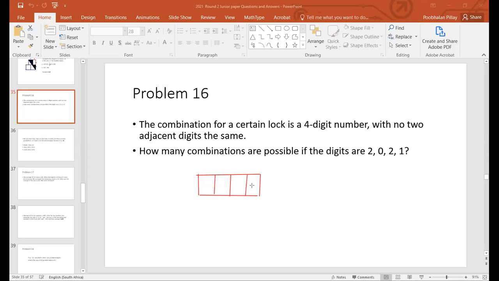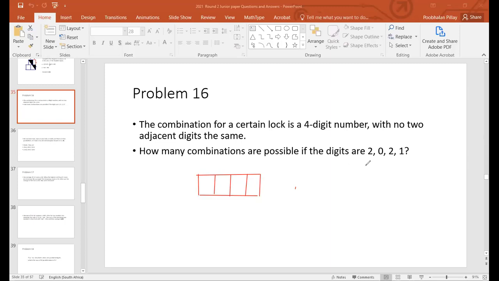And they have numbers here. And a particular combination will unlock this thing. So this combination has got these numbers, 2, 0, 2, and 1. So you're only allowed to put 2, 0, 2, and 1, which makes it very easy to open this lock because there are very few possibilities.